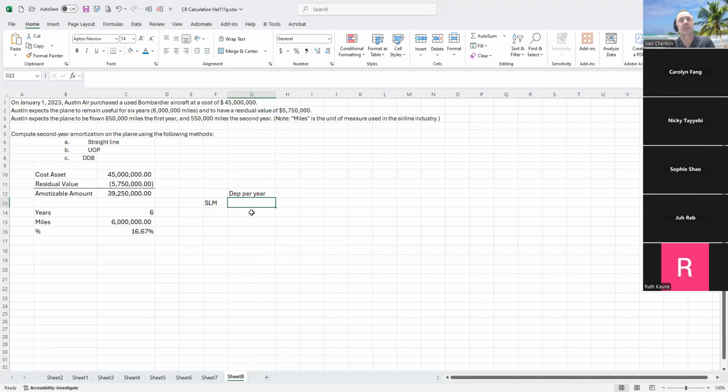It is the amortizable amount divided by the useful life in years. Is that how much you're getting? So if I do this, how many years do I have to do it? 6 years, right?